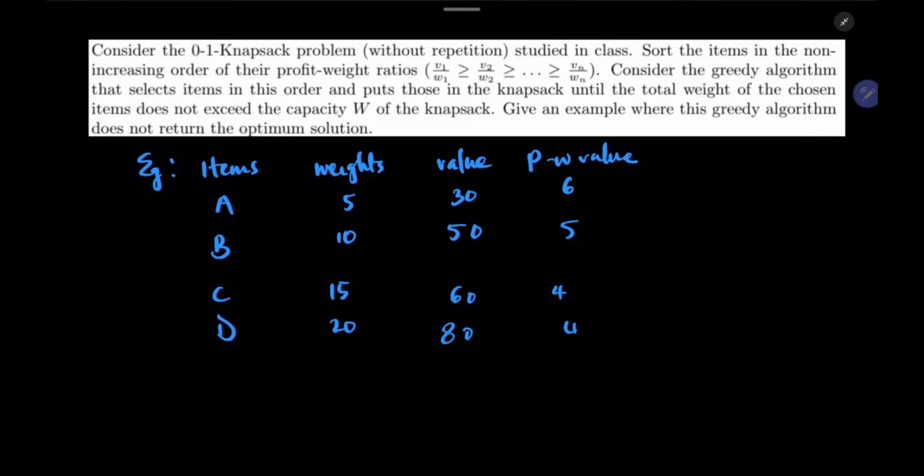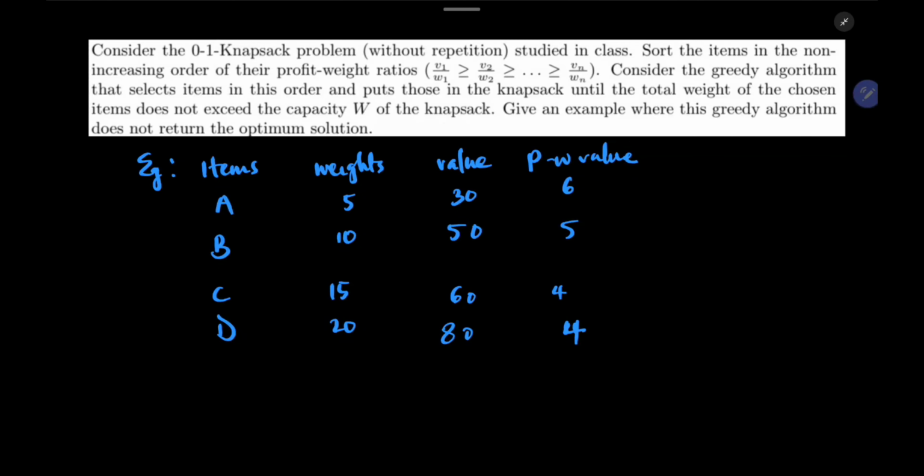Profit weight ratio would be value divided by weight. That's 30 divided by 5, 6; 50 divided by 10, 5; 60 divided by 15, 4; 80 divided by 20, 4. So let's imagine we have items that have all of these values.